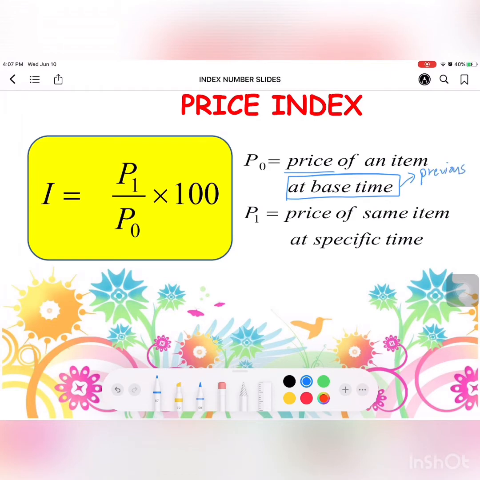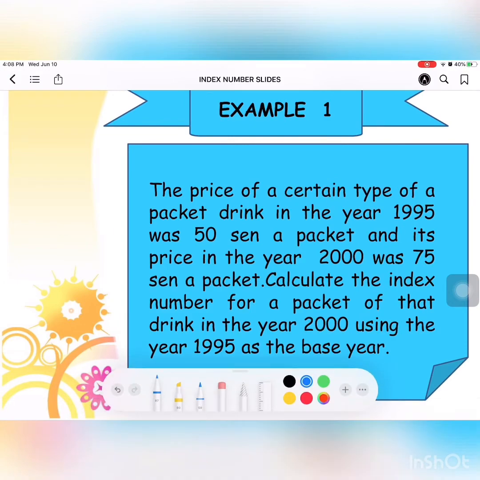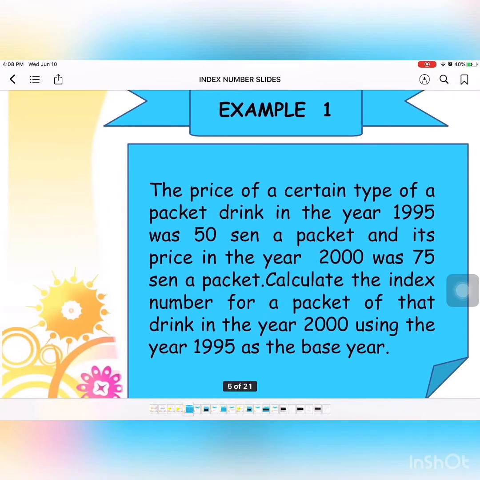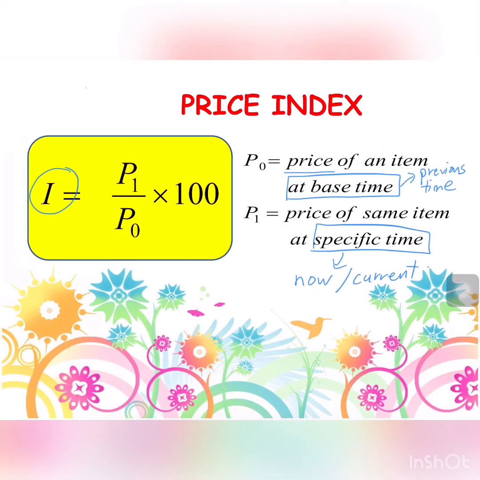P1 is the price of the same item at the specific time, which I can say is now or current. Then you will get the price index. Now I'll jump into the example because this is very easy. Just now we said P0 is the price of an item at base time, and P1 is the price of the same item at specific time.